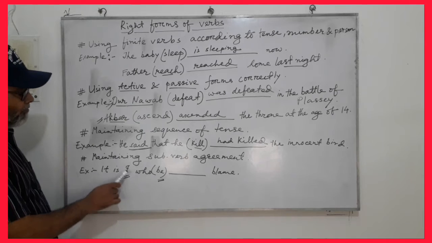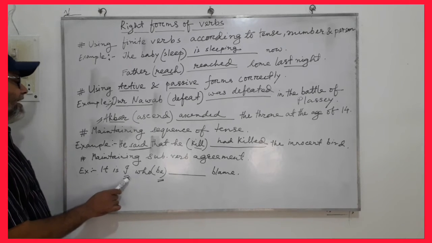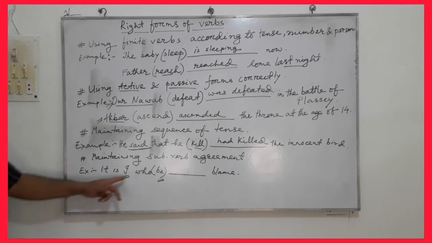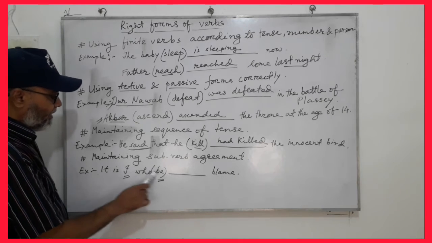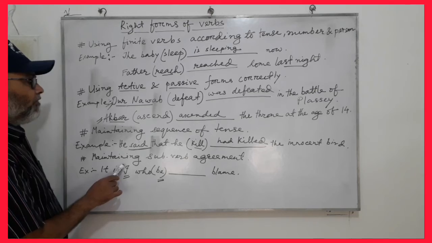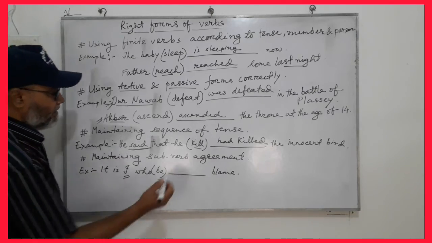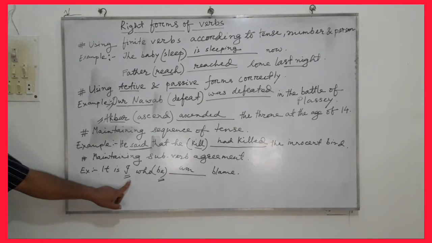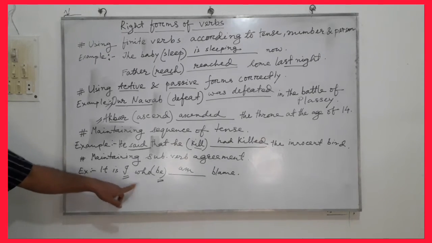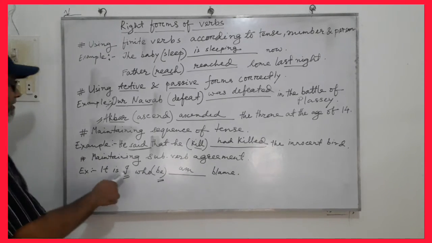So, to maintain agreement with this subject, in this sentence we have to use the correct form of be following this subject. That is am. Because we use am after first person singular.